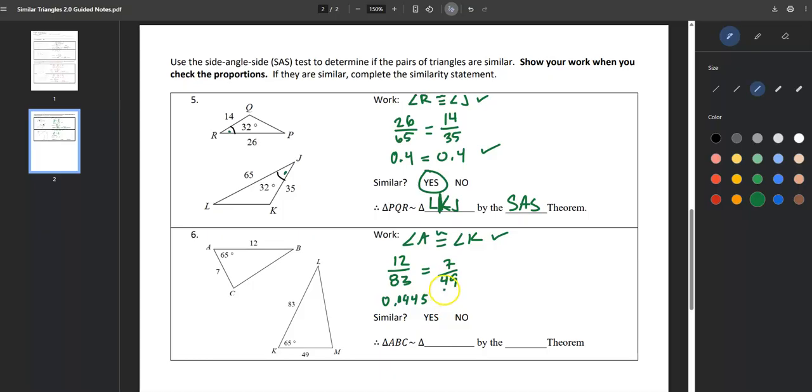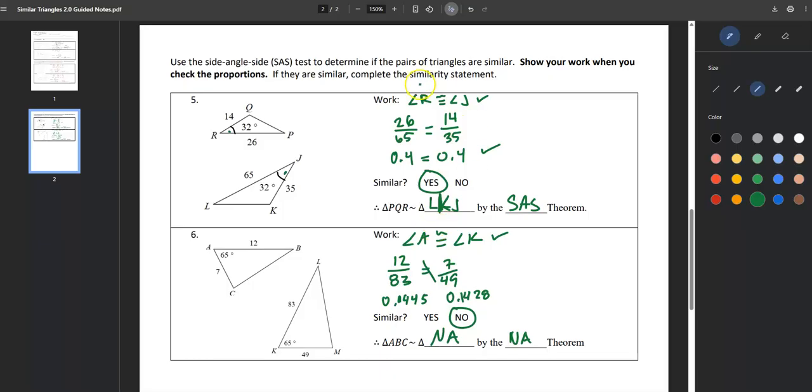And if I go 7 divided by 49, that gives me something different. I get 0.14. It's good there, but then we go 2.8, so this does not check out. So those are not equal, so I'd put no, and then we put NA for that as well. So that would be how my side angle sides would work, okay?